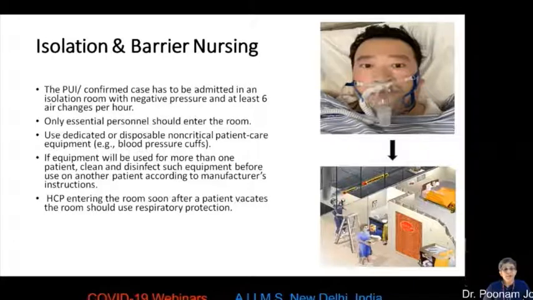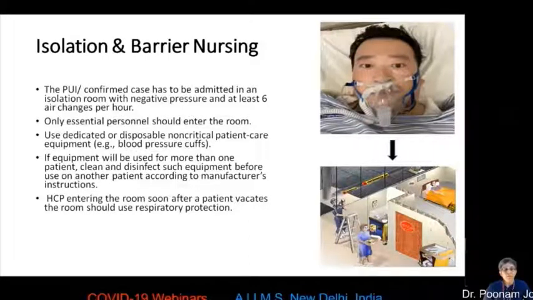Only the essential personnel should enter the room. We need to restrict the entry of all the healthcare professionals present in the ward or ICU. Only a few dedicated personnel should be allowed to enter the room.